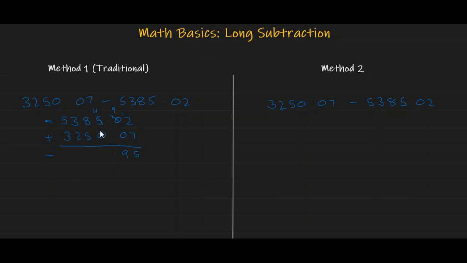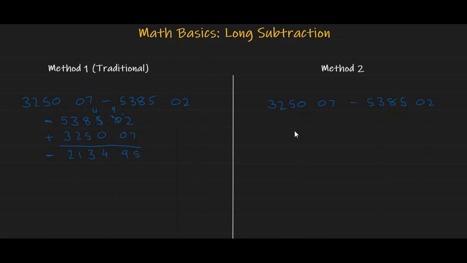Your decimal point. 4 minus 0, 4. 8 minus 5, 3. 3 minus 2, 1. 5 minus 3 would give you 2. So the answer is 2134.95. Now it's a negative number because you are subtracting a larger number from a smaller number.